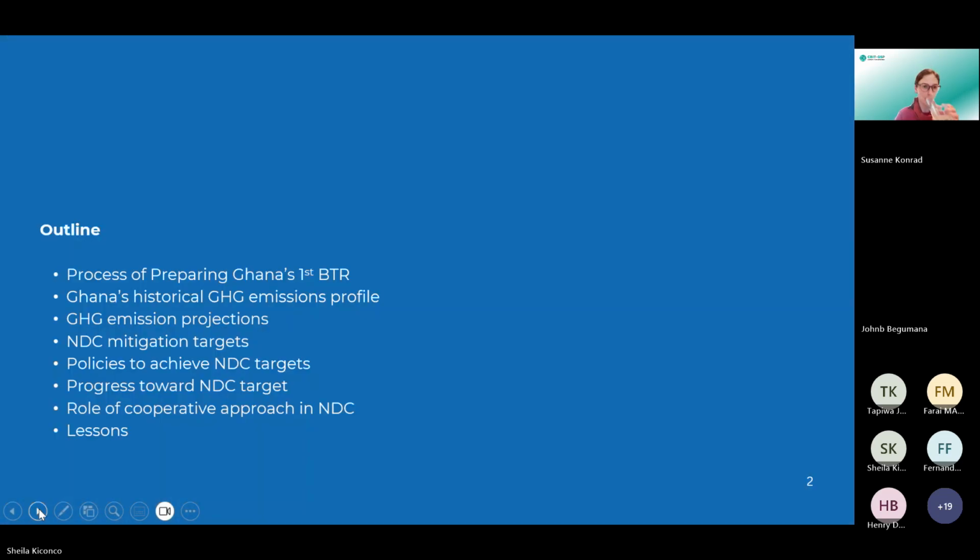In this presentation, I'll be walking you through the process that we went through in preparing our first BTR and its accompanying document. I'll also highlight the historical GHG emission profile, the projections that we did, the NDC mitigation target, the policies to achieve those NDC targets, the progress that we've made so far, and then the role of cooperative approach in NDC, and then some lessons learned if time permits.